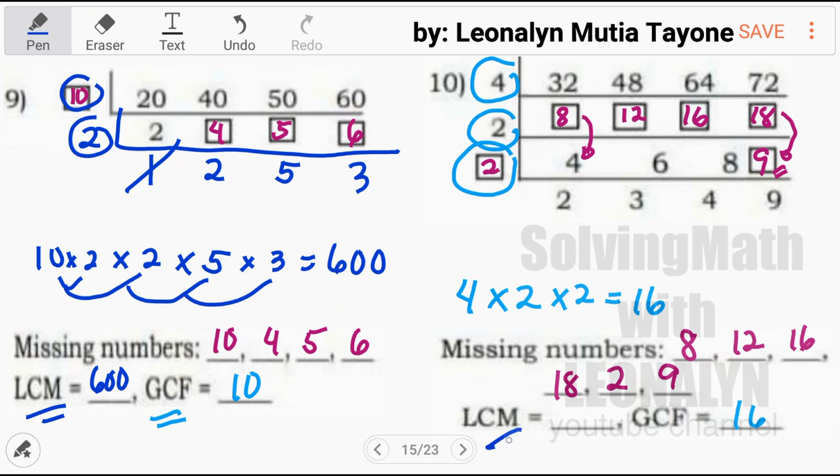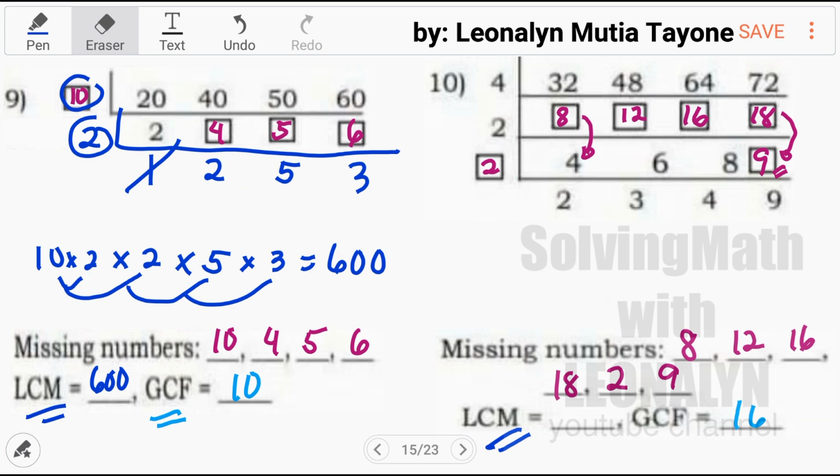Finally, yung least common multiple naman dito sa number 10. Sa 4, pwede pa tayong mag-list dyan na ipares mo itong 2 at saka si 4 or si 3 at saka si 9. Kahit alin dyan, pwede na yan. Kahit alin ang unahin natin.